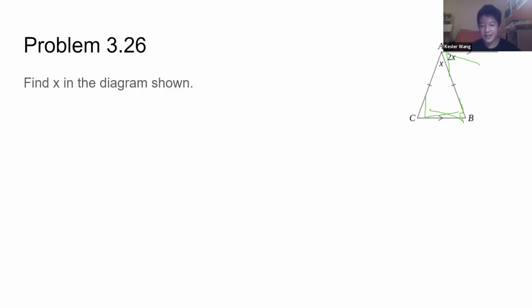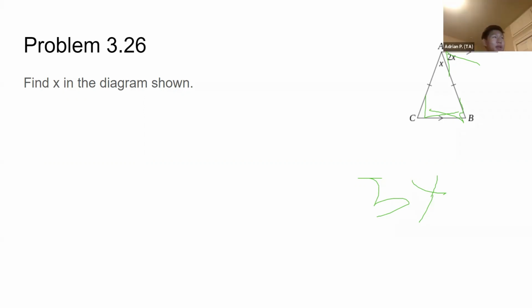So 5x equals 180, and this angle equals that angle, which equals those angles. So 5x equals 180 degrees. So 36 degrees. I think that's x, so x equals 36 degrees.